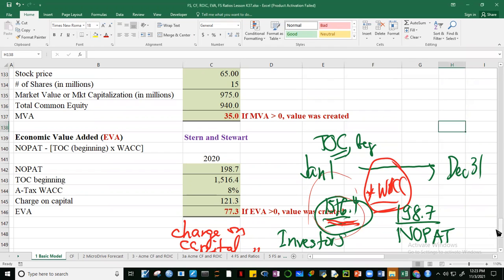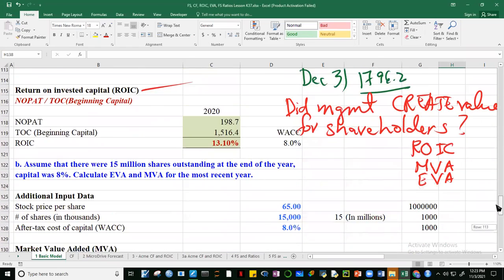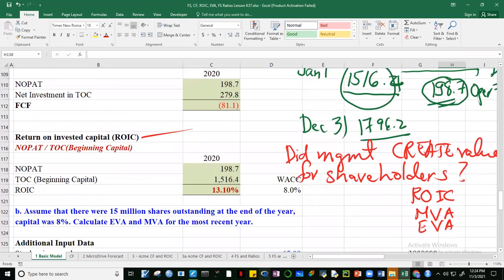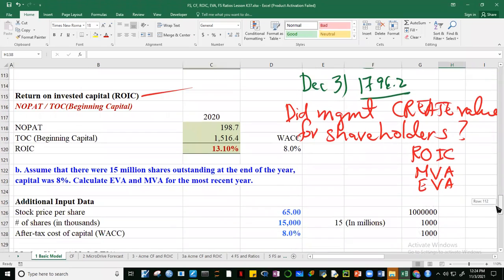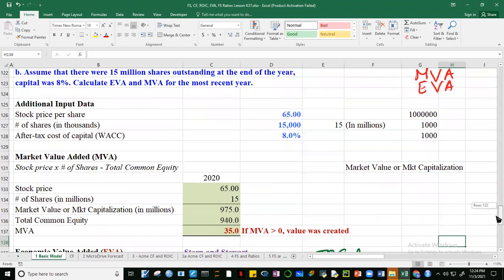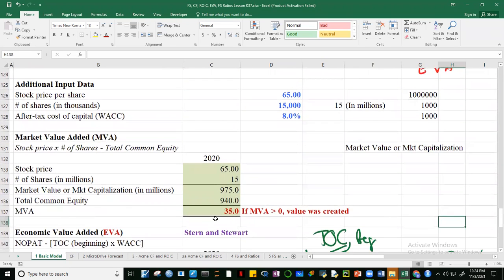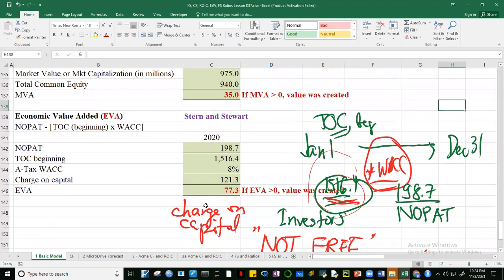It's almost time, guys. I still have one more item to cover here. Based on ROIC, management was able to create value because the ROIC is greater than the weighted average cost of capital. Based on MVA, management was able to create value for the shareholders by virtue of the MVA being positive, and also EVA.